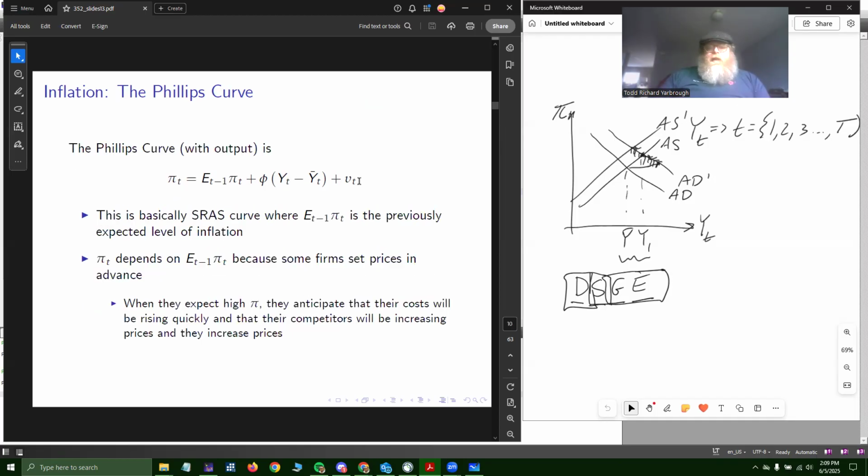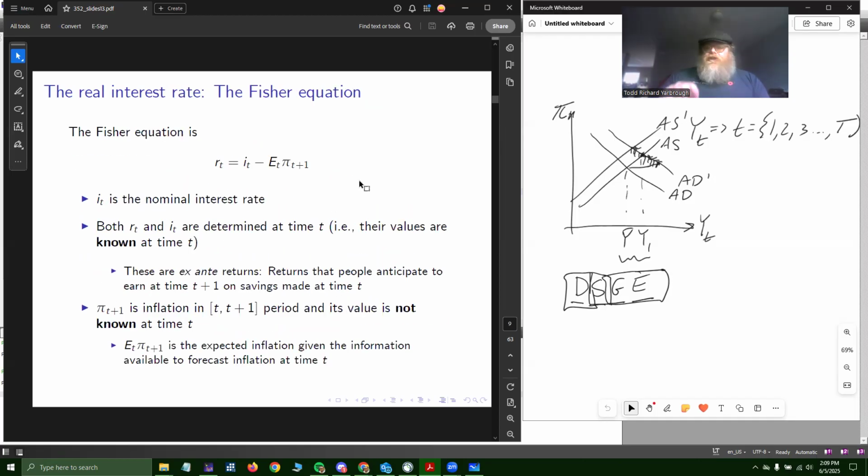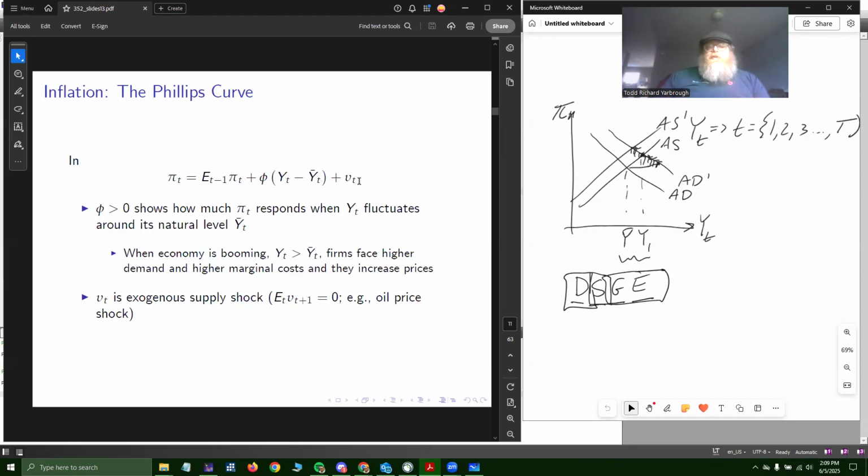Much like in the context of the Fisher equation, the central bank has to understand the interplay between real and nominal rates. The other thing that the central bank has to grapple with is the responsiveness of inflation to the output gap. And this is not necessarily constant, right? The economy may have different responses to output gaps depending upon other economic considerations.